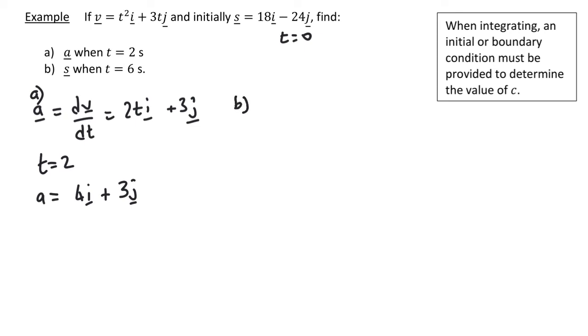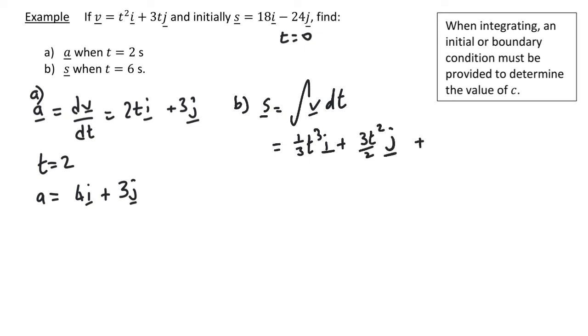Part B, s. So s is the integral of v with respect to t. So if we integrate t squared, we're going to get a third t cubed i. And then integrating 3t, we're going to get 3t squared over 2 j, and then plus some constant c.